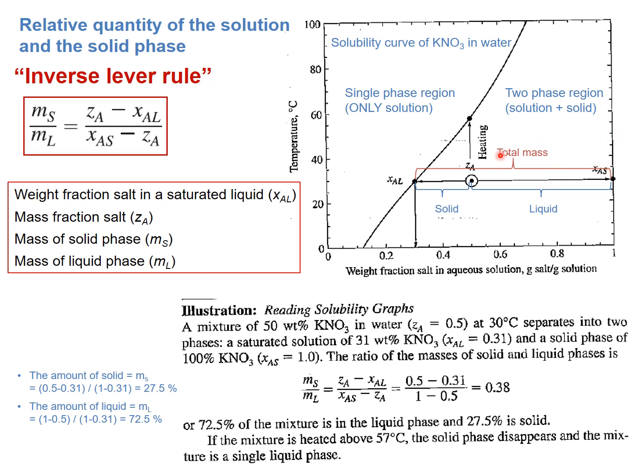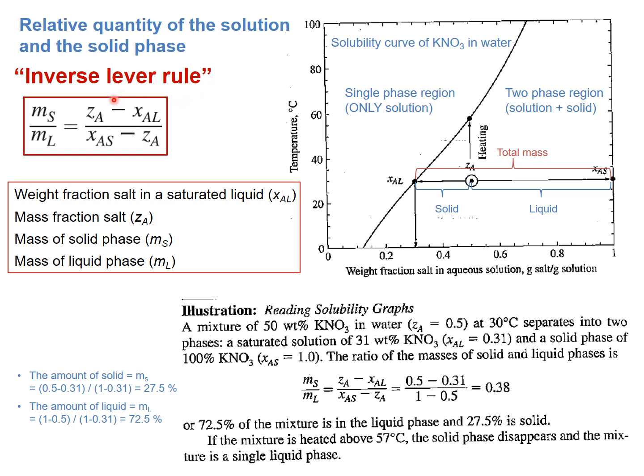And also, the length of this line closer to the solid is not for the solid. Actually, this is for the liquid. So the mass of each phase follows the inverse lever rule.